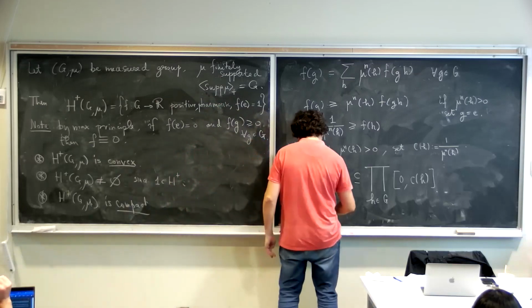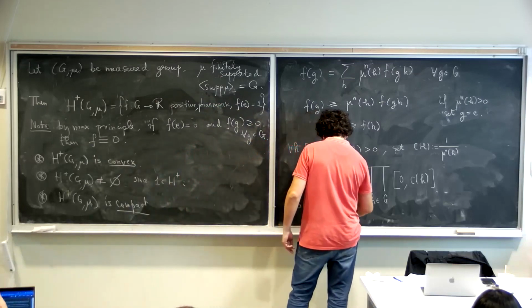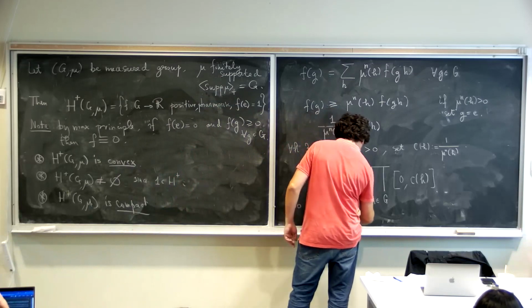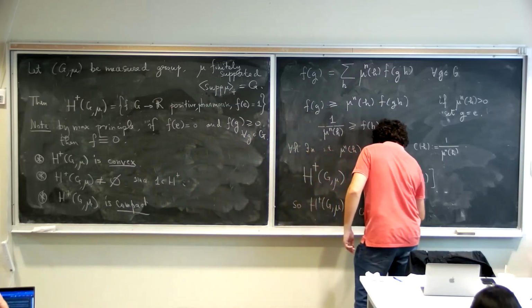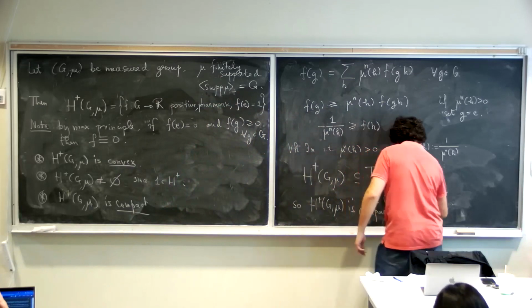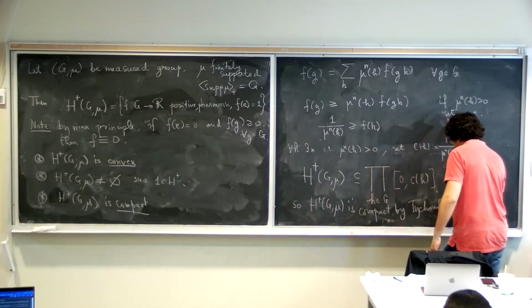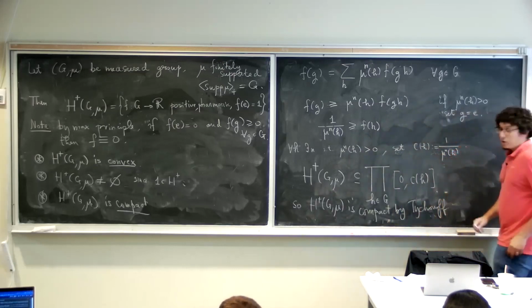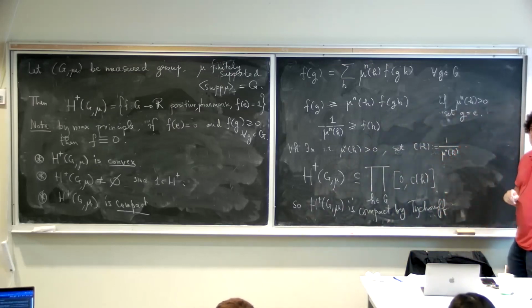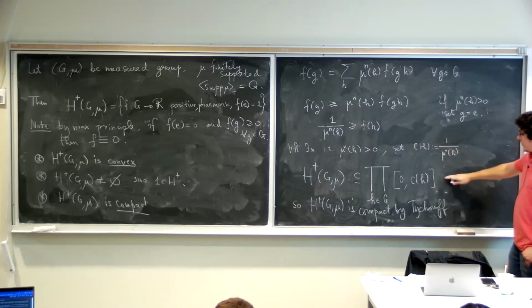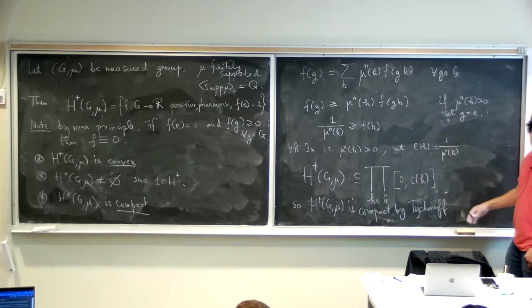So H plus of (G, mu) is compact with respect to the topology of pointwise convergence, because this is a product of compact spaces. The topology is somewhat weak, but it's fine.